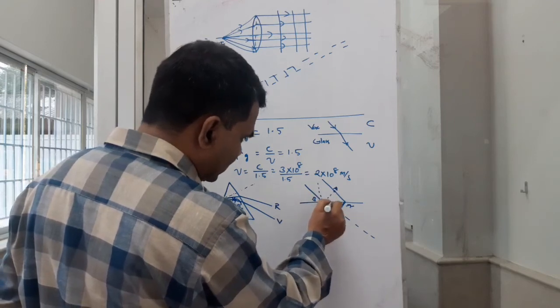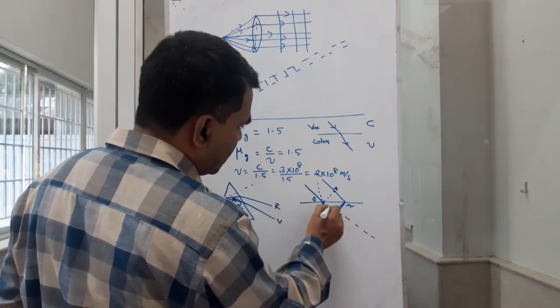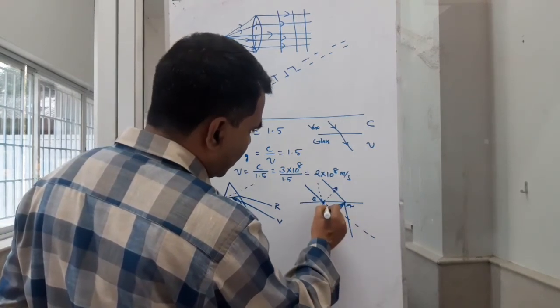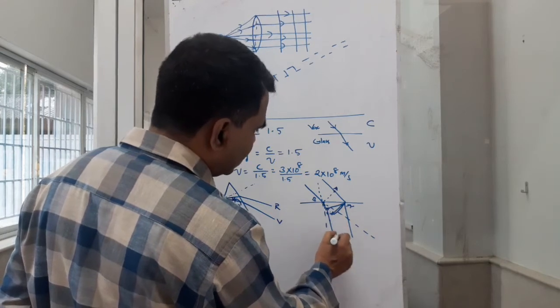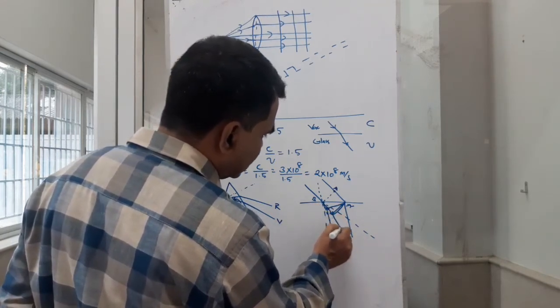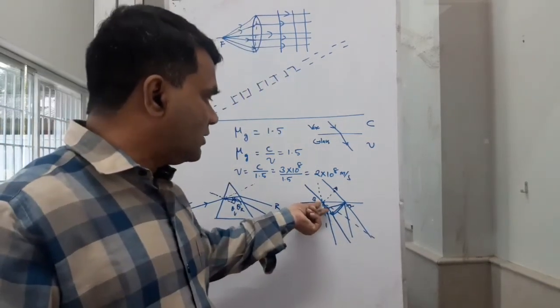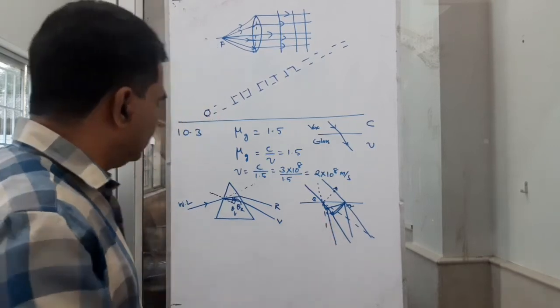So only if it is slower will it cover this distance. Then notice that the bending will be more. For this, the bending will be slight. So only if it travels slower, the bending will be more.